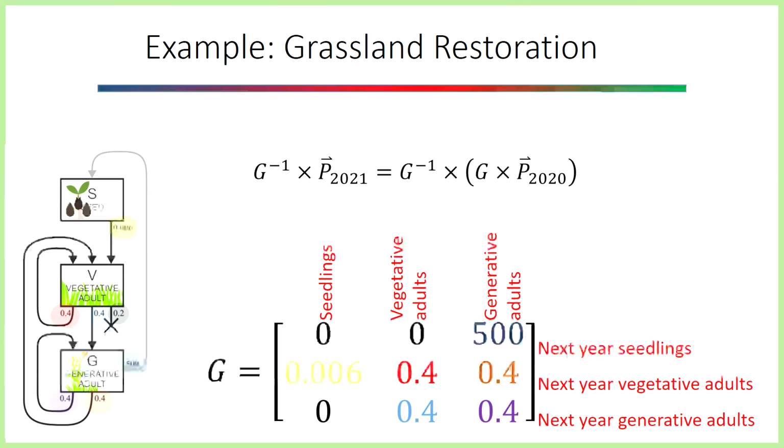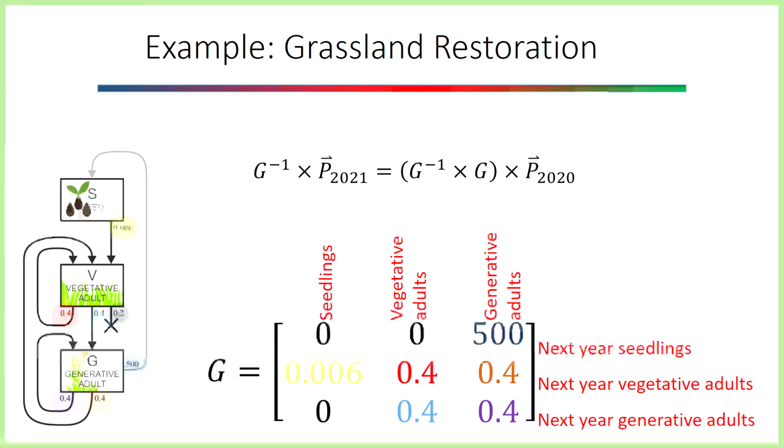Or in other words, G inverse times P 2021 equals G inverse times the product of G times P 2020. However, the associative property of matrix multiplication tells us that G inverse times the product of G times P 2020 is equal to the product of G inverse times G multiplied by P 2020. In other words, the associative property tells us that we can move the parentheses. But now that we've moved the parentheses, we can also rewrite the equation because we know that by definition, G inverse times G equals the identity matrix.